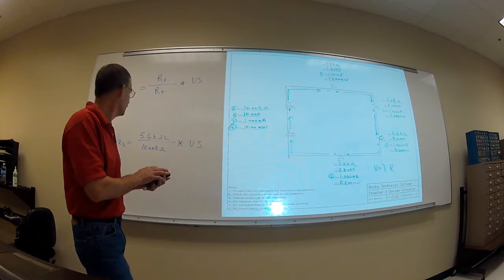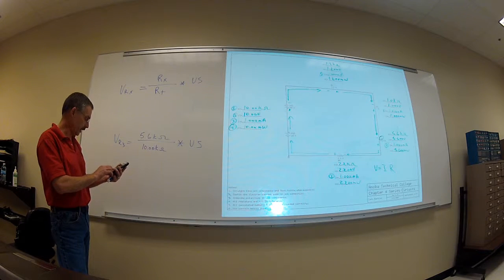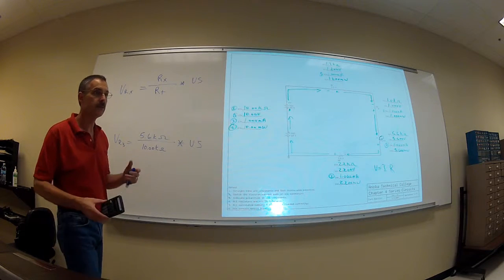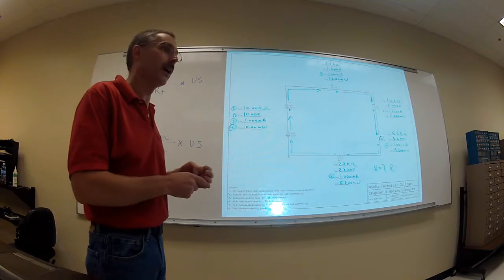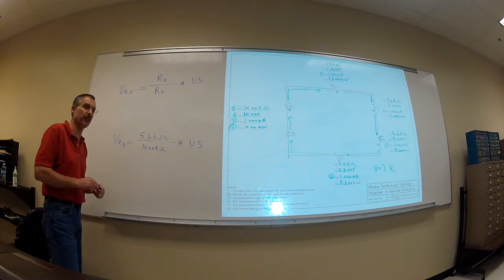So make sure you know how to use that, because this will be on our quizzes and on our final. Did I say midterm? Oh, sorry. Final, not the midterm, but on the final.